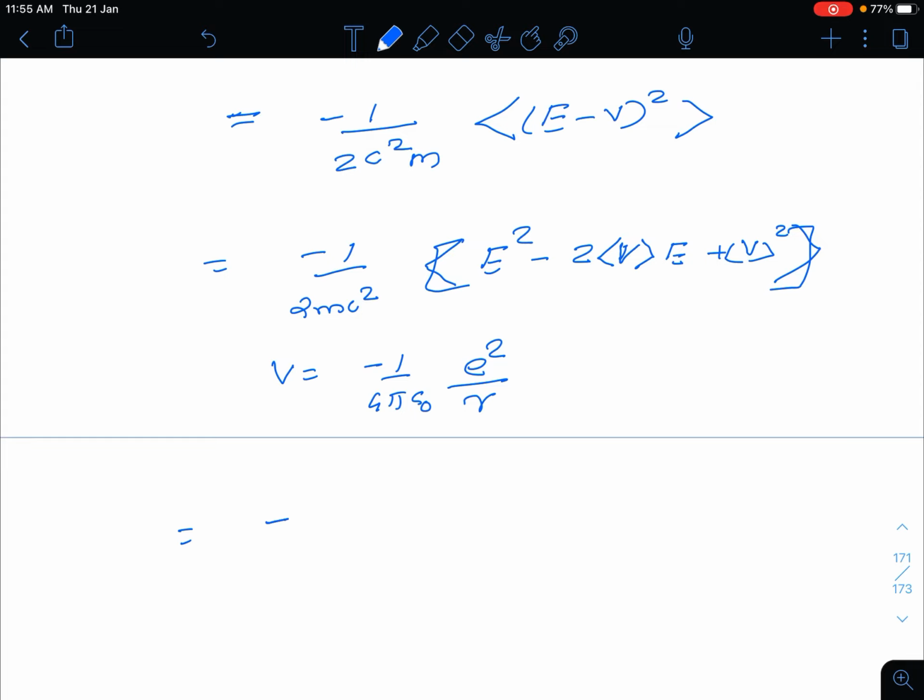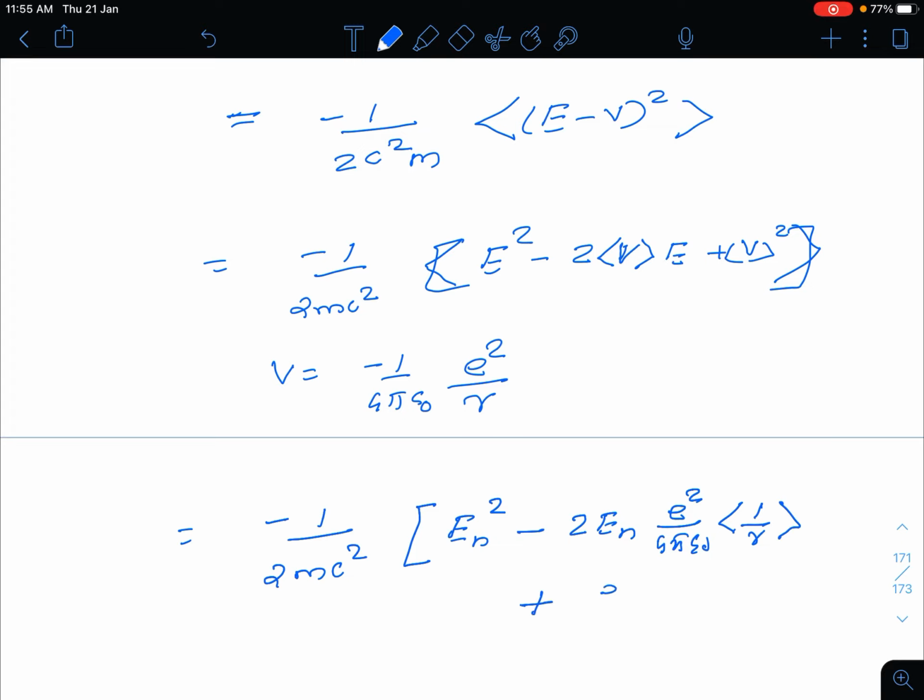So it is simply minus 1 by 2mc square into E square. In the case of hydrogen atom it's En square, minus 2 into En, into e square by 4 pi epsilon 0 expectation value of 1 by R, plus e raised to 4 by 4 pi epsilon 0 whole square expectation value of 1 by R square.